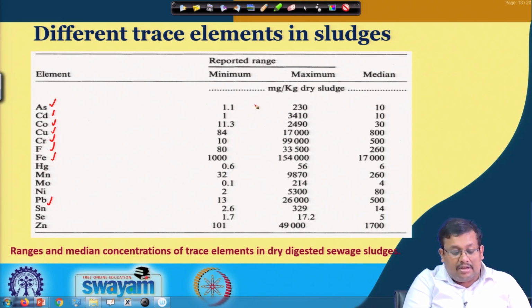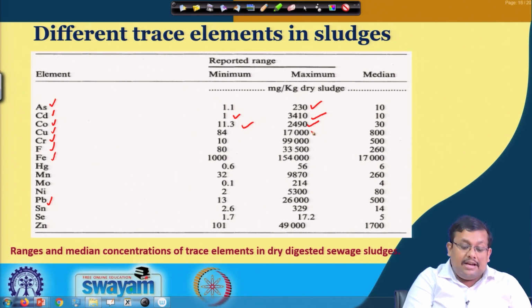Arsenic varies from 1.1 ppm, or milligram per kg of dry sludge, to 230 ppm. Cadmium varies from 1 to 3410, and copper from 11.3 to 2490, and so forth.